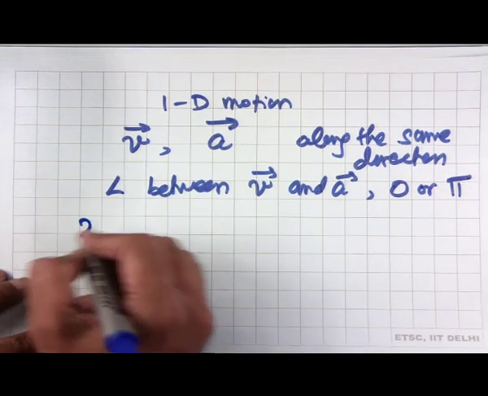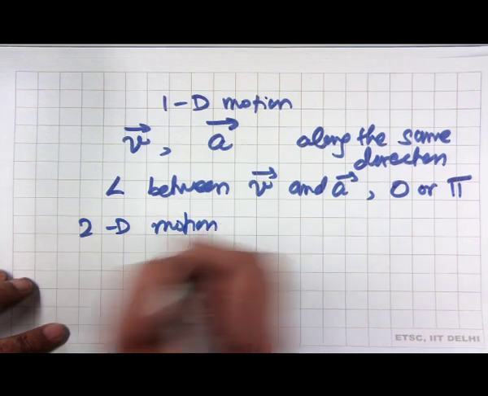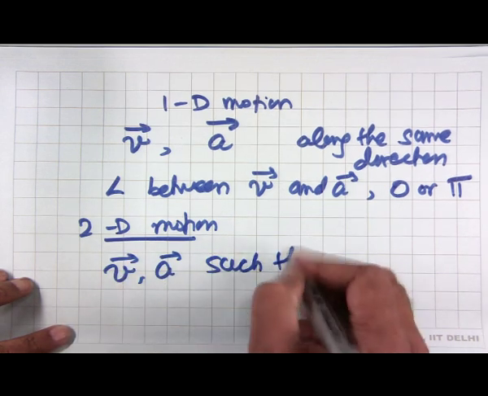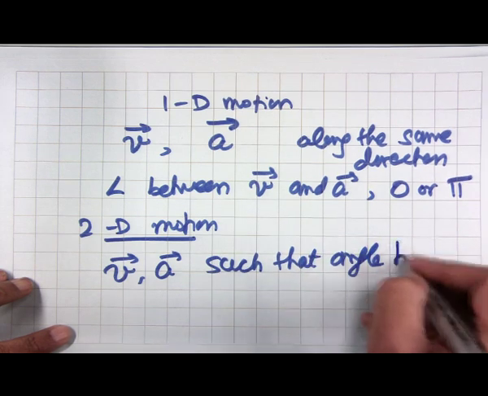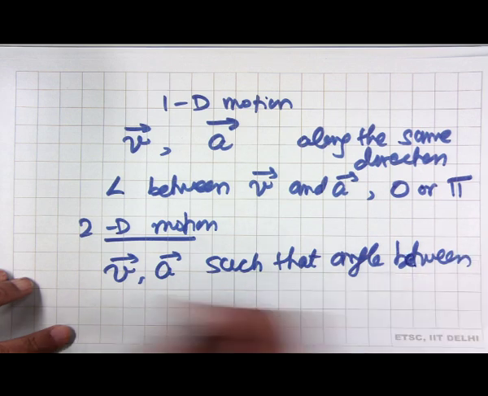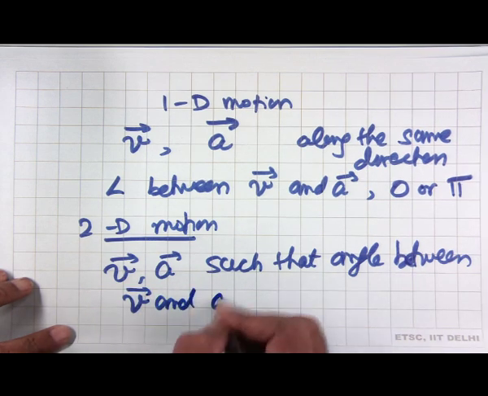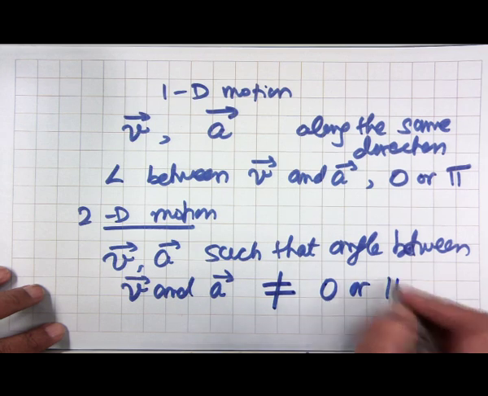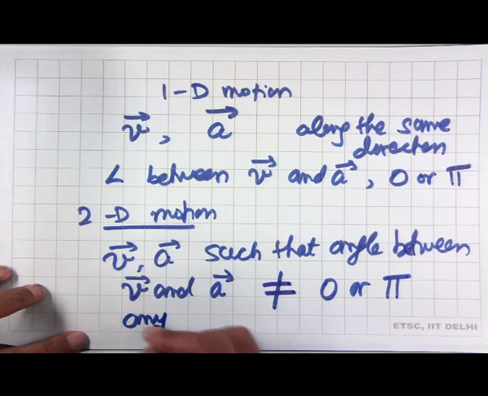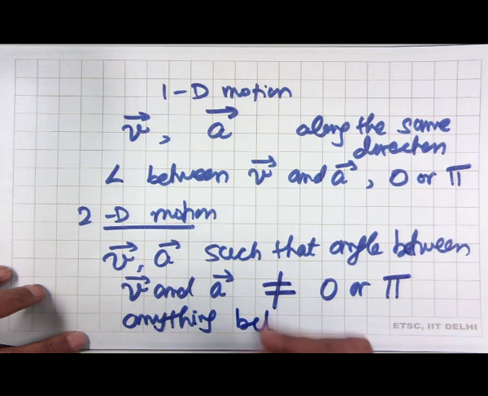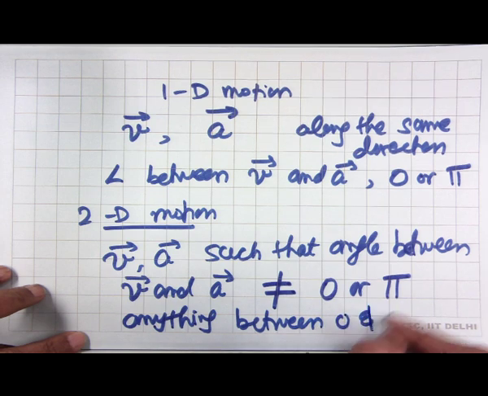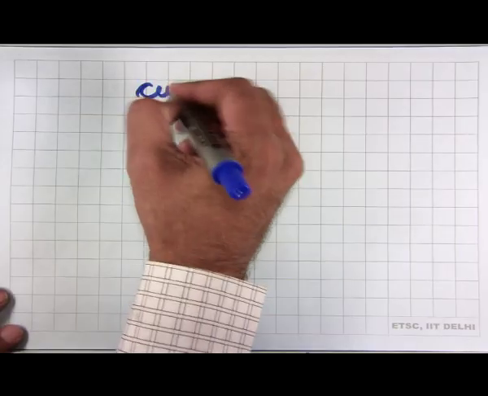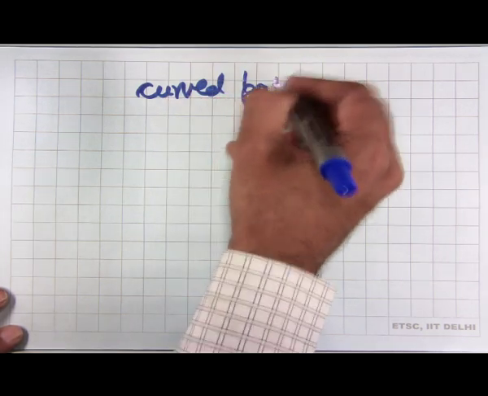But in 2D motion, we could have v and a such that the angle between v and a at any general instant will not be equal to 0 or pi, it can be anything between 0 and pi.